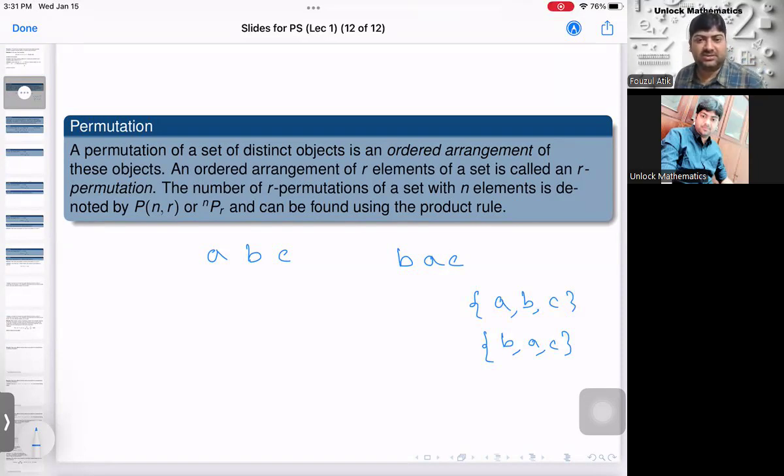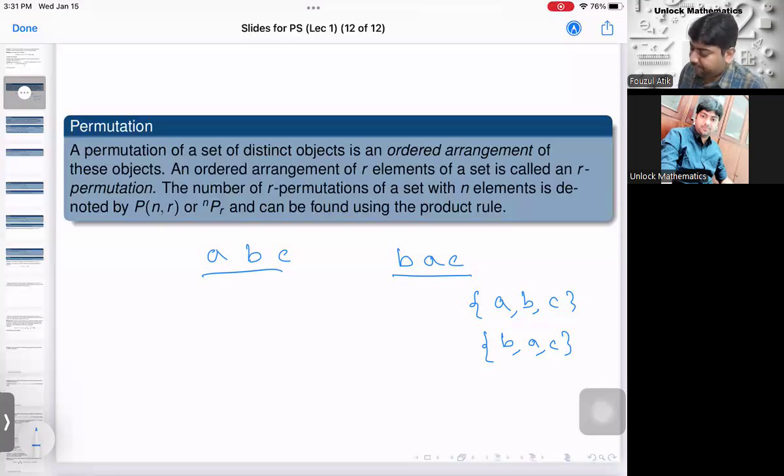If I just select some elements, then order does not matter. But if I say arrange some elements, then A, B, C and B, A, C, these orders matter, right? So the question is, how many different ways can you arrange them?